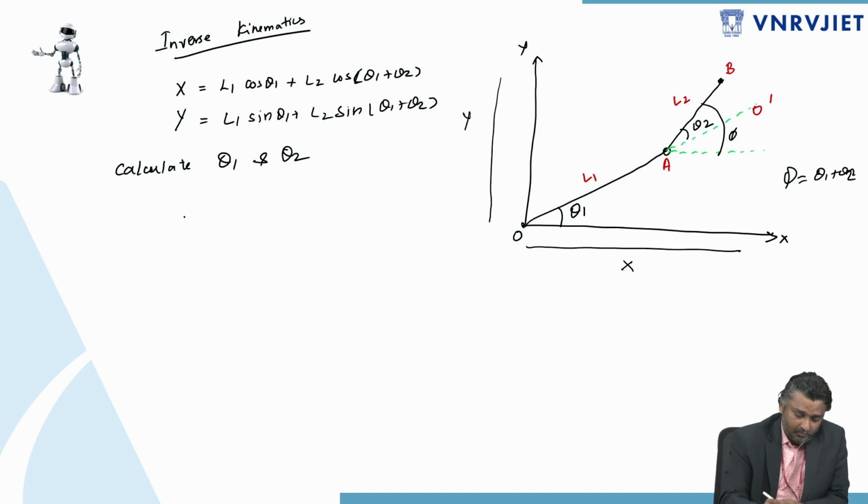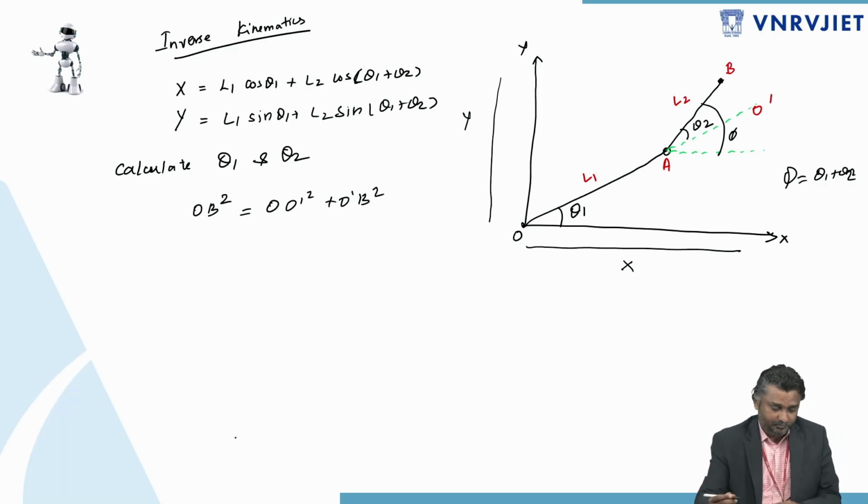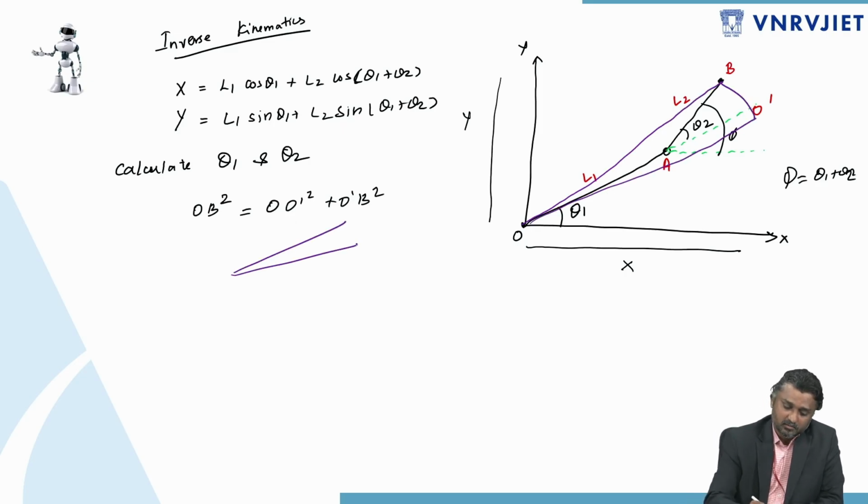Now OB square is equal to O dash square plus O dash B square. That means I am considering this particular part, O dash B. It's clear.